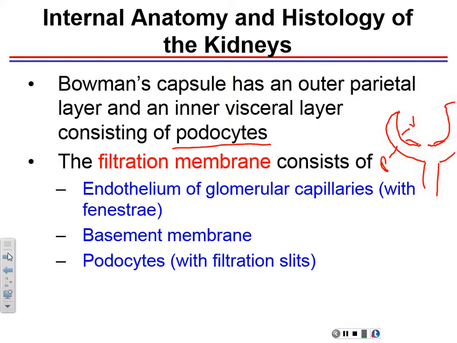It just has to go through the endothelium of the blood vessel, which is fenestrated, with little slits on it. Okay? These are slits, openings. And then the basement membrane of the epithelia of the blood vessels, and then of course the podocytes, which are the cells that line the visceral layer of the Bowman's capsule. So those 3 things form the filtration membrane.